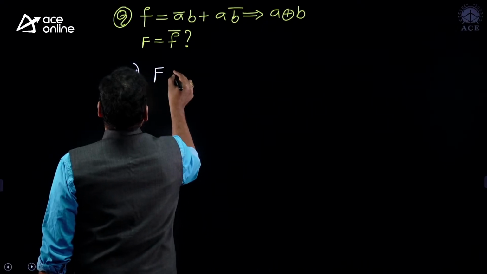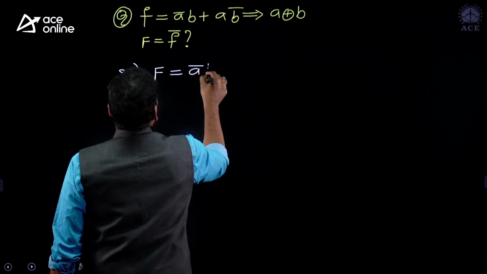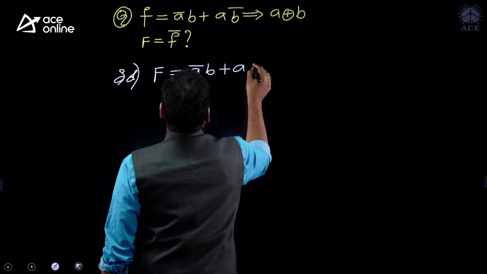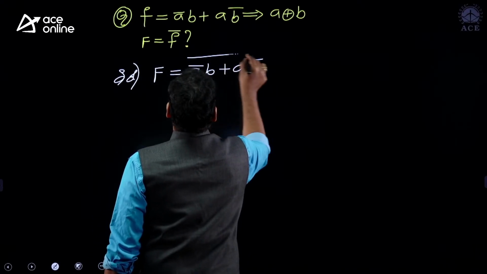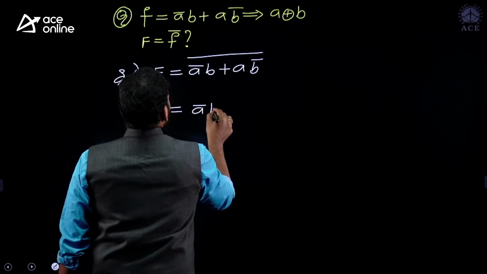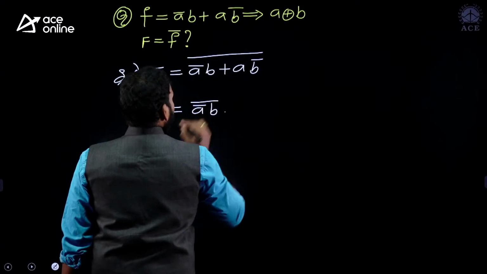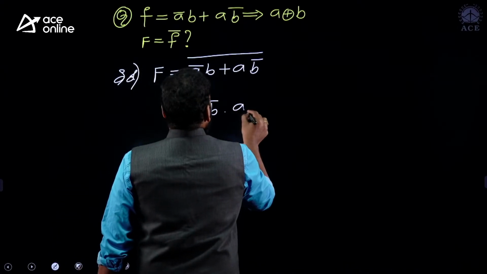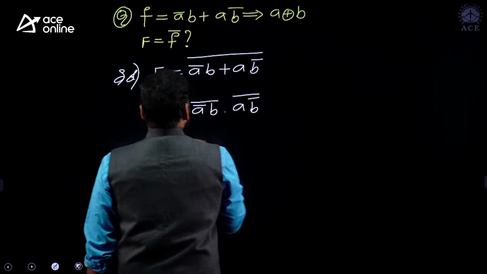F is equal to A bar B plus A B bar, whole bar. Apply De Morgan's theorem: A bar B whole bar dot A B bar whole bar.